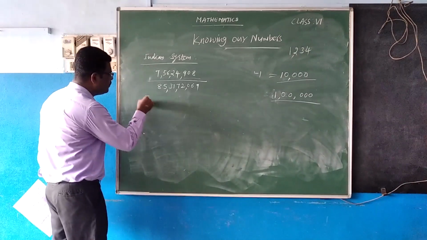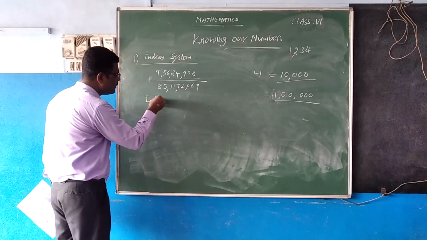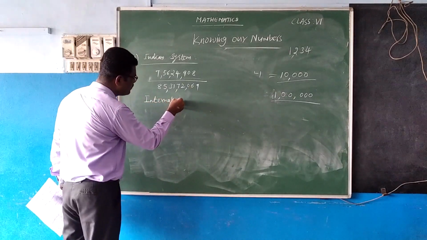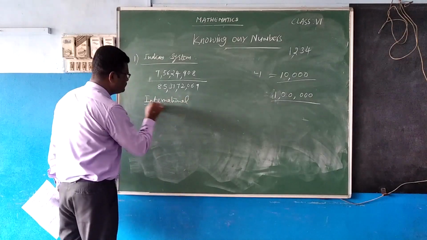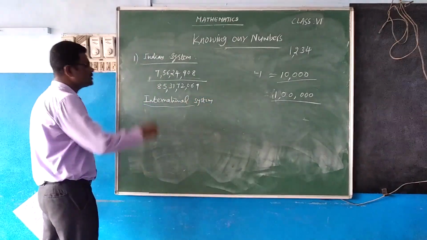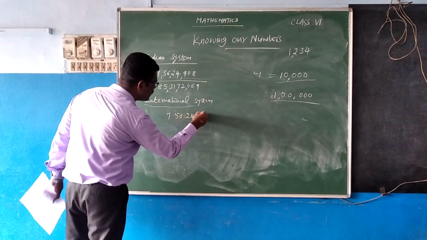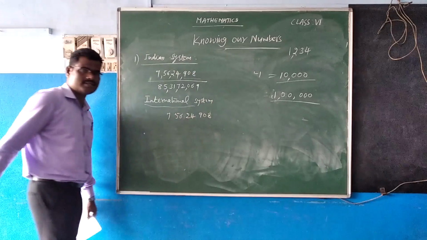Same way, one more method of using commas is the international system. This is used throughout the world. International system of commas. So the same number I will write 7, 5, 6, 2, 4, 9, 0, 8. How to place commas?